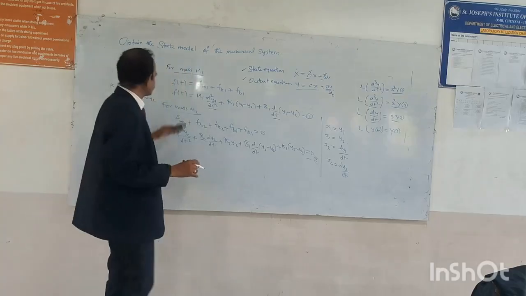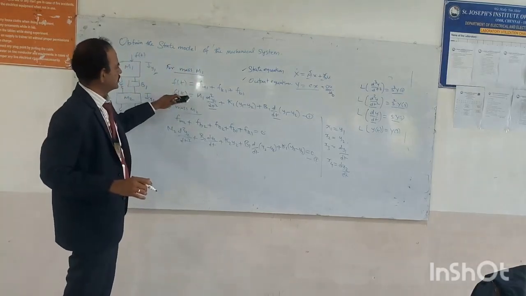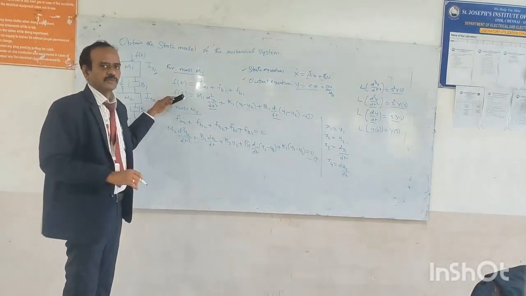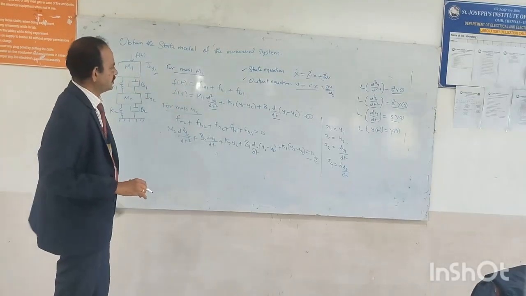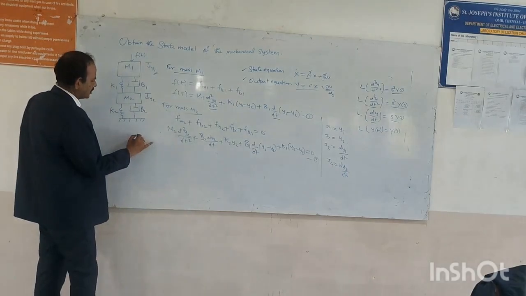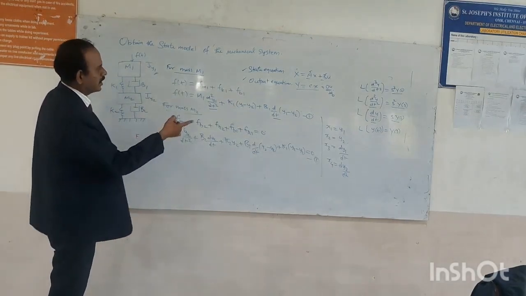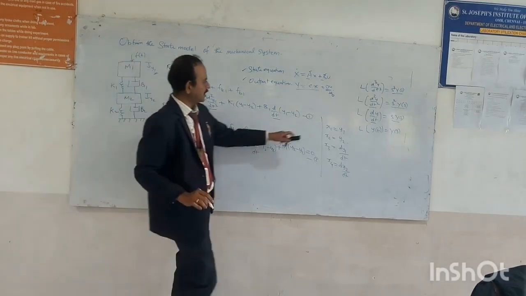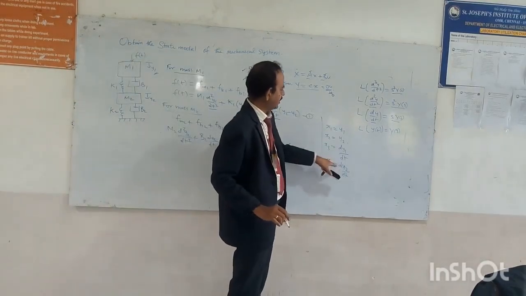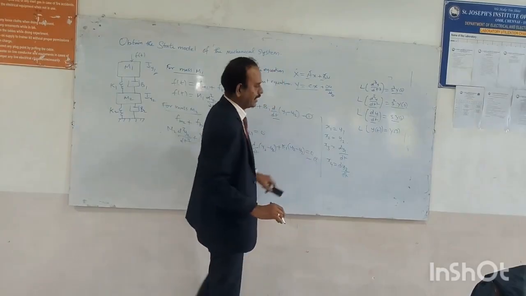Now here F represents the input for this mass. So from equation 1, we have to form x1 dot. How can you find x1 dot? It is nothing but dy1 by dt, and dy1 by dt is nothing but x3.